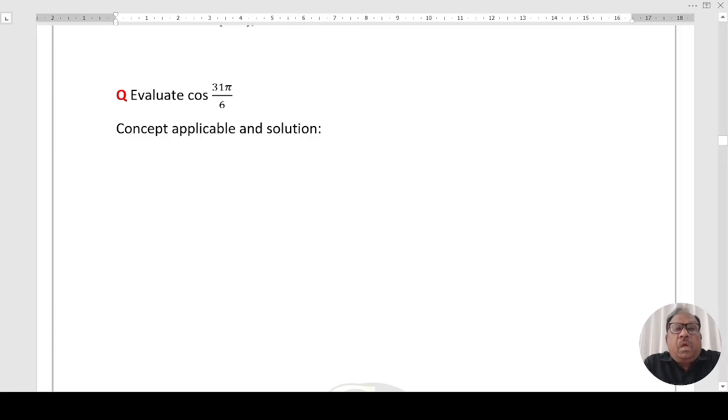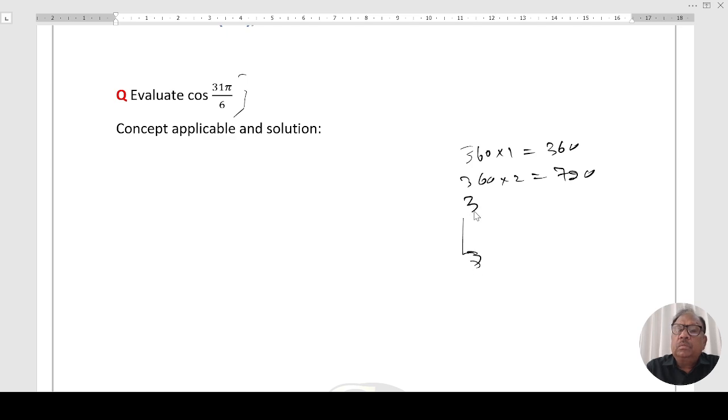Question is, evaluate cos 31 pi by 6. You know, 360 into 1, 360. 360 into 2, 720. 360 into 3, 1080, and 360 into 4, 1440, and so on.